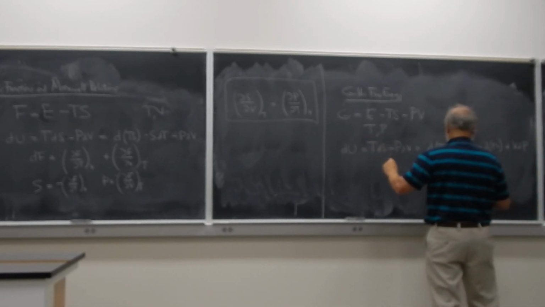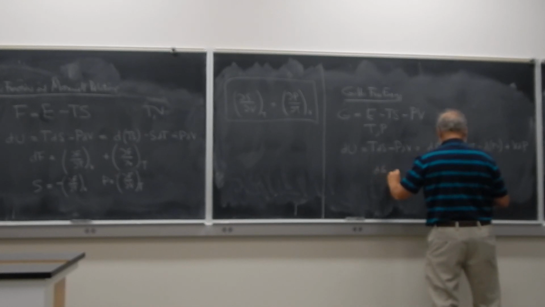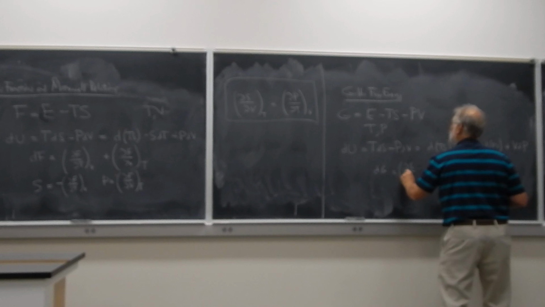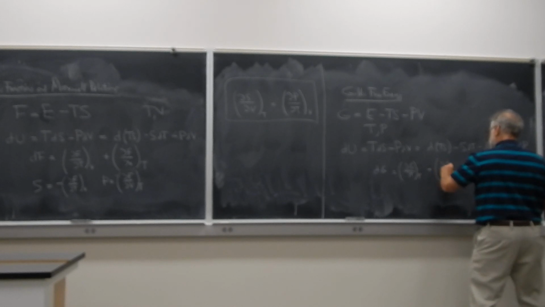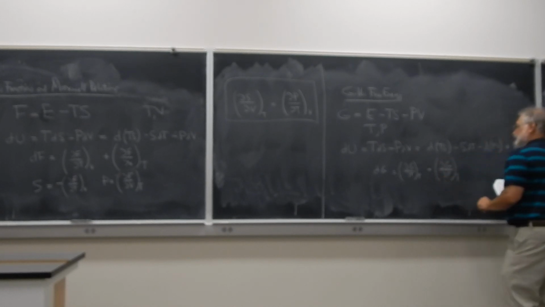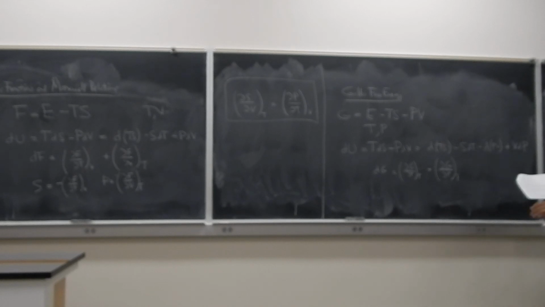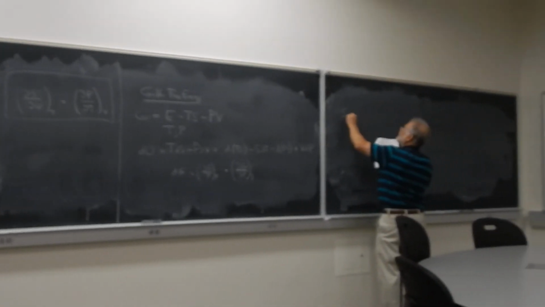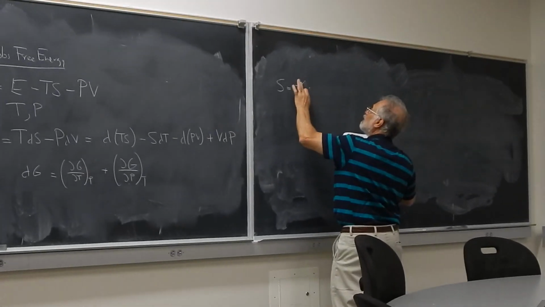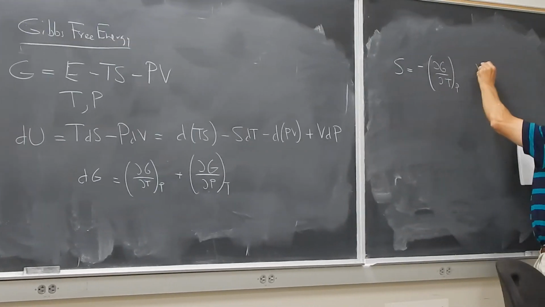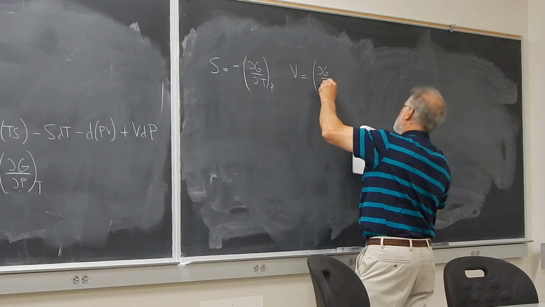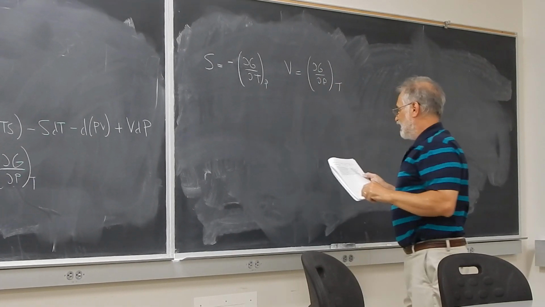By the definition of the Gibbs free energy, dG then is equal to dG/dT at constant P plus dG/dP at constant T. If I look at how these two equate, I'm going to find then that S is equal to minus dG/dT at constant pressure, V is equal to dG/dP at constant temperature.